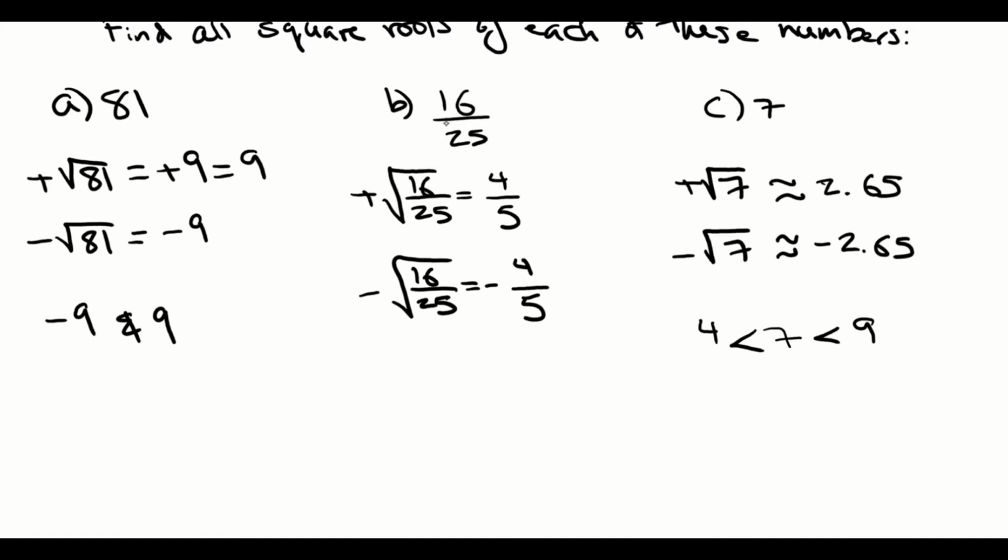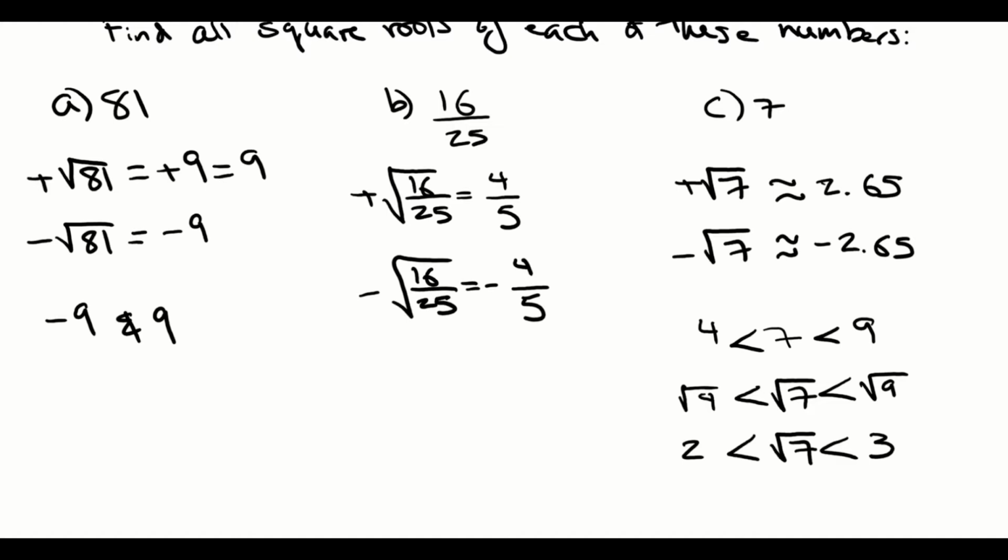So because the square root is a one-to-one, increasing function, we know that the square root of 7 is also going to be somewhere between the square root of 4 and the square root of 9. In other words, the square root of 7 should be somewhere between 2 and 3.